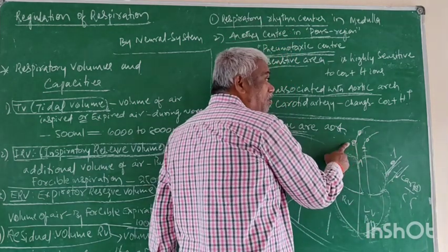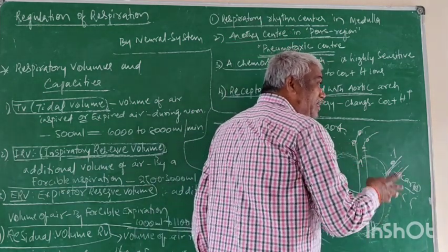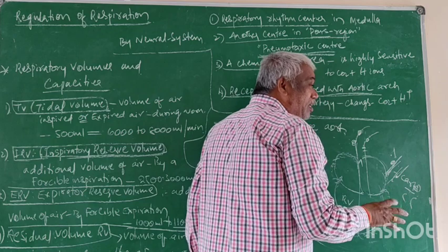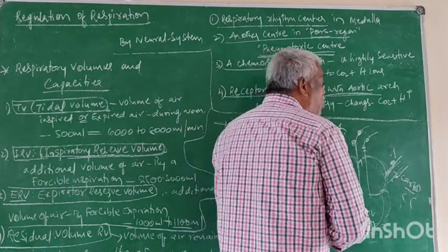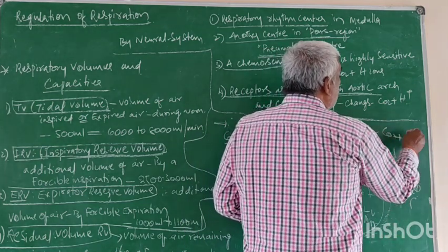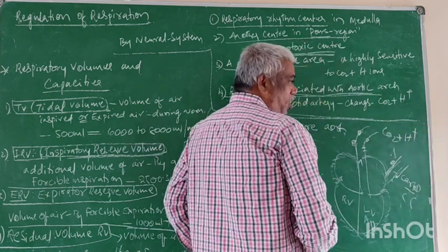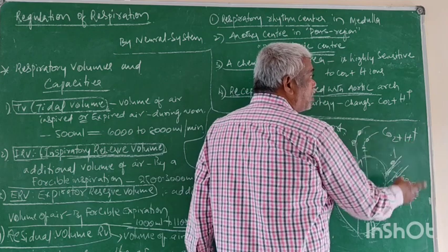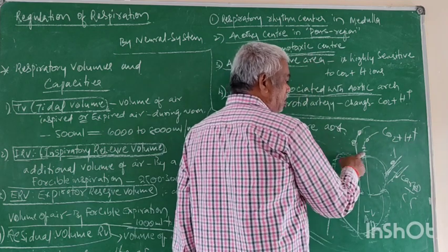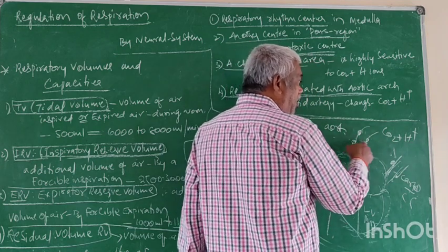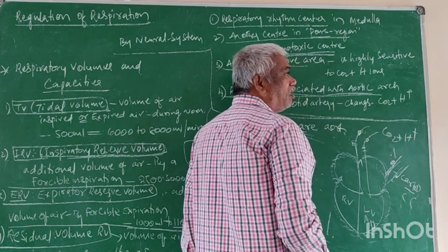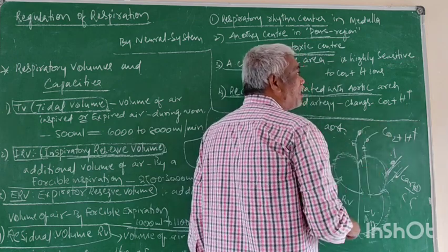These receptors can detect changes in CO2 and hydrogen ions. If carbon dioxide and hydrogen ions increase in the blood, these receptors immediately detect the change.